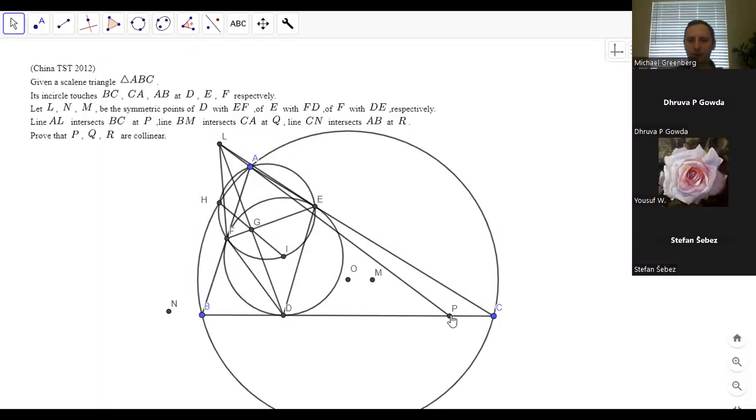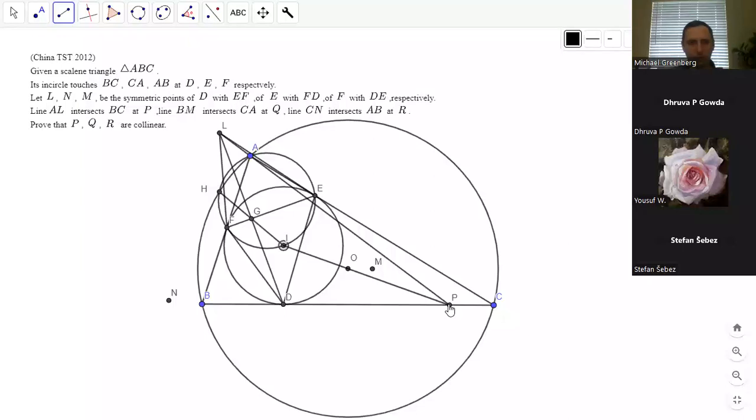Are O, I, and P being collinear? No, I, G, and H. Oh, I, G, and H. Maybe GI is parallel to PH. Yeah, it looks like it. Okay, so we can show GI is parallel to PH.